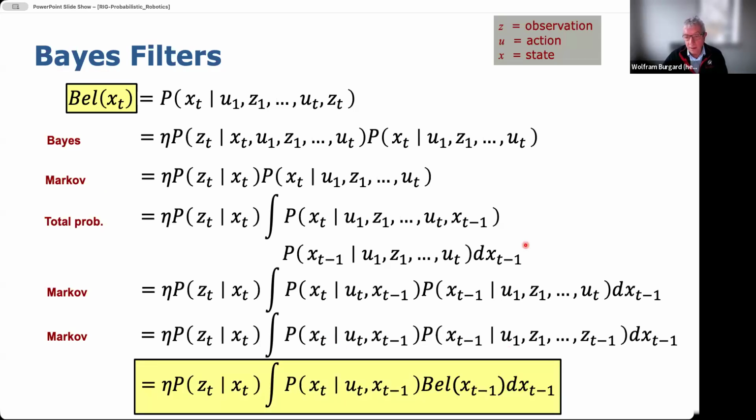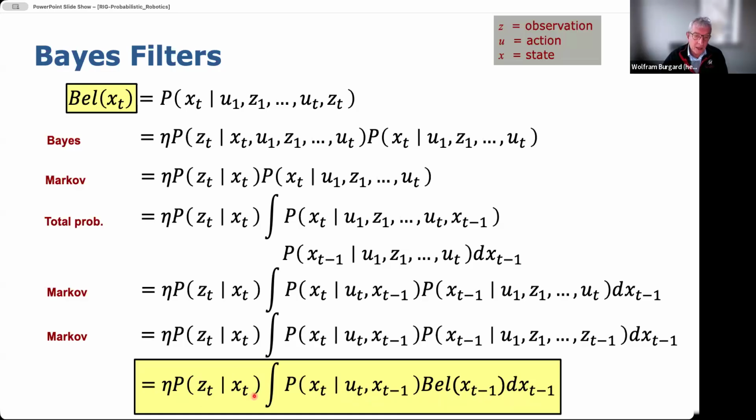So this basically ends up being this recursive Bayes filter equation where the belief at time xt is obtained from the belief at time xt minus 1 by integrating over all prior potential positions and summing up the probability that we end up in xt, having been in xt minus 1 before executing action ut, times the probability that we were in xt minus 1 before.